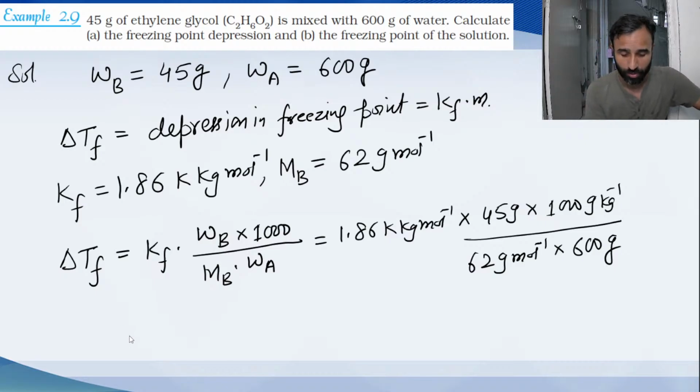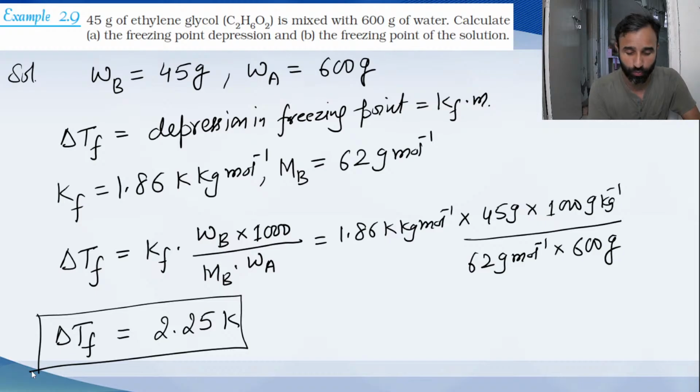Okay, so just multiply 1.86 into 45 into 1000 divided by 62 divided by 600 comes out to be 2.25 Kelvin. This is delta TF. This is first part.